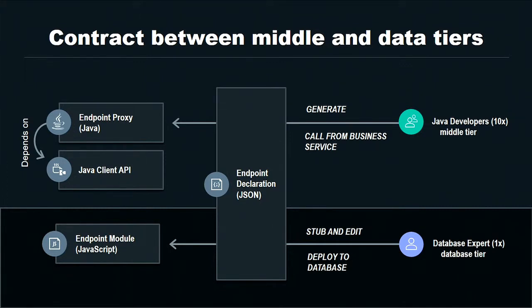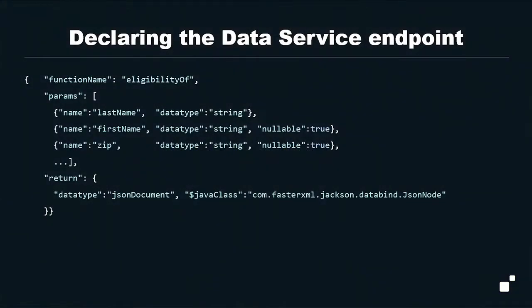So with that layered architecture in mind, and with the contract between the two roles, the Java generalist and the database expert, we can look at the highlights of some code now. So here is the endpoint declaration, the JSON file I was referring to a moment ago.